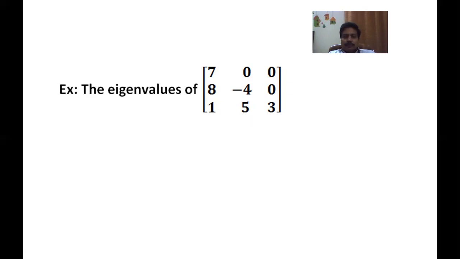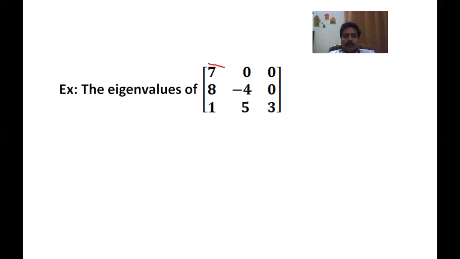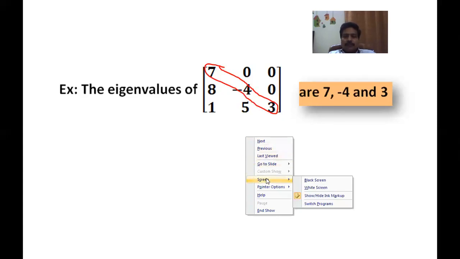So the entries in the main diagonal, these three entries, 7, minus 4, and 3 are the eigenvalues.